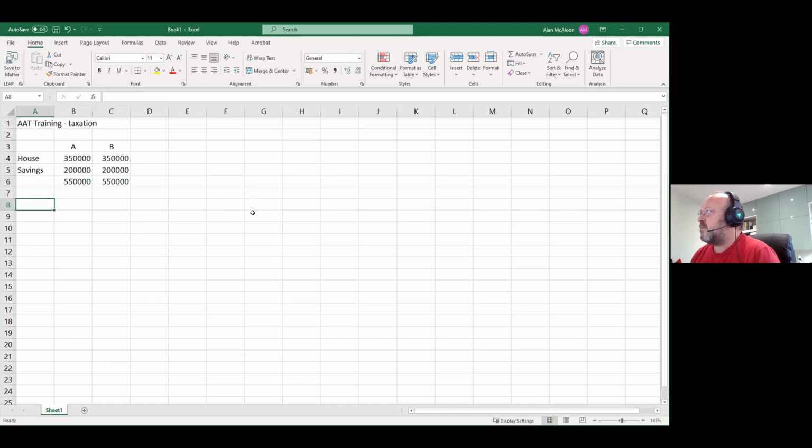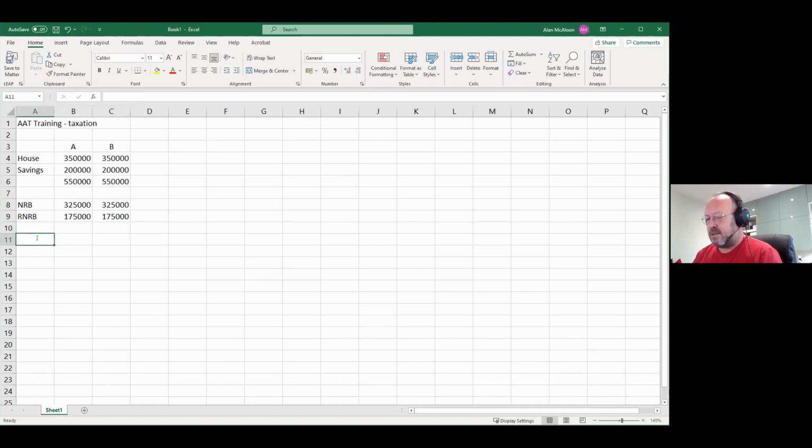Now, the thing that we have to always keep in mind is the IHT of this, because this is where the focus of the AAT comes in. So we'll work out their IHT. They have a nil rate band each of 325,000. They have children, so they have a residence nil rate band each of 175,000.